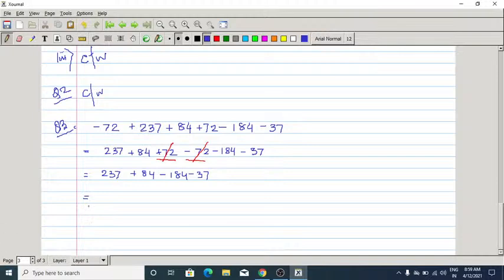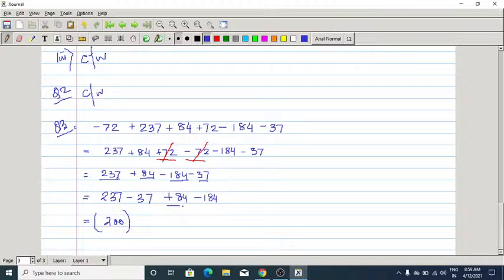Can you see a pattern? See 273, 37, 184, 84. So I can do this orally, isn't it? Because doing it in the rough column is again time consuming. 273 minus 37 will be 200, right?